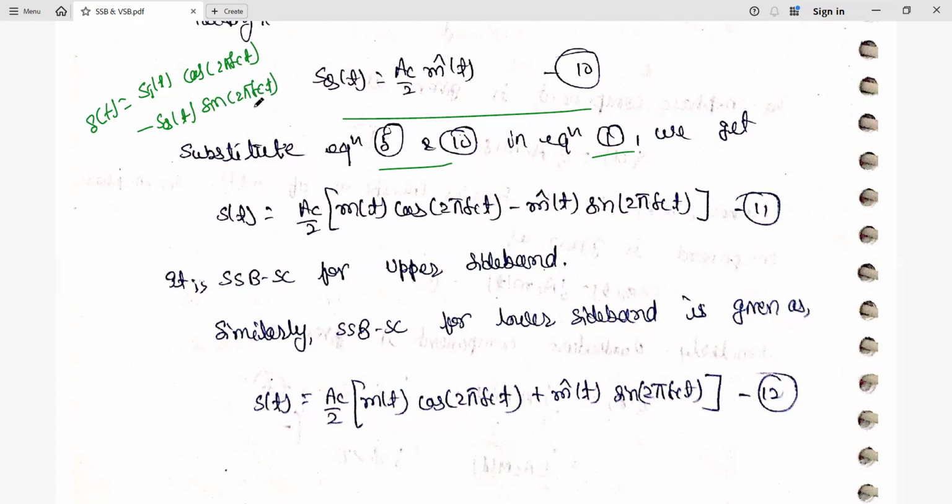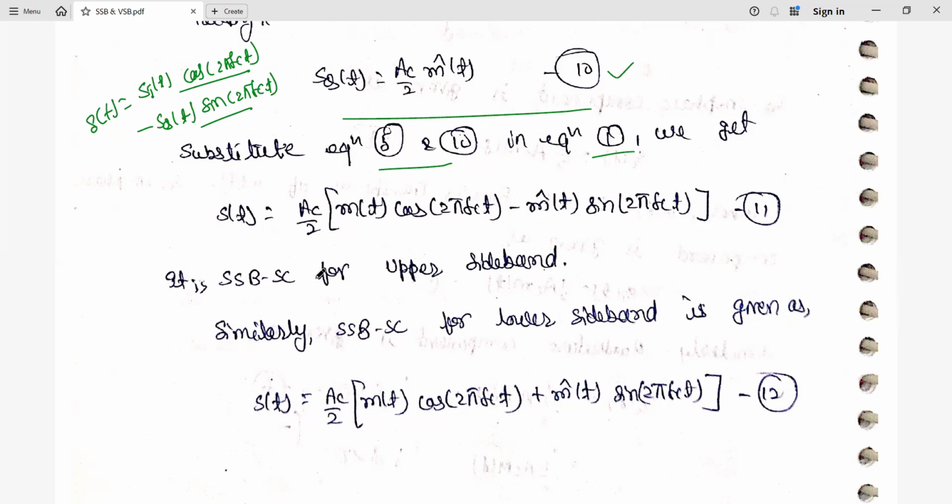It has a phase shift of 90 degrees. So one is cos, another is sin. So finally we have substituted the value of Si of t, that is Ac by 2 m of t, and Sq of t, that is half Ac m cap of t. So that value is substituted from equations 5 and 10.